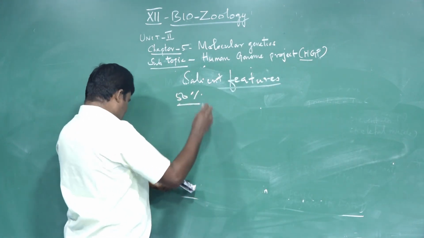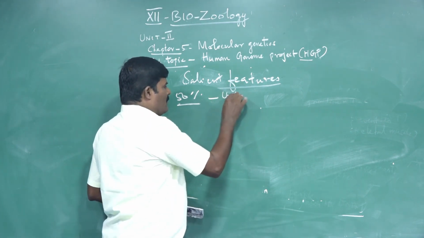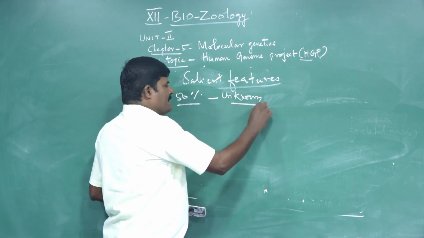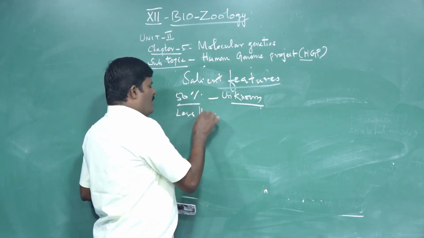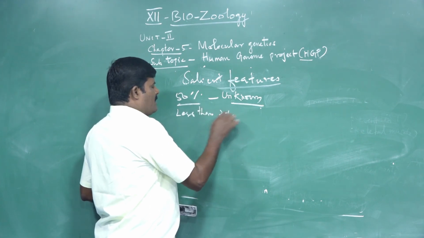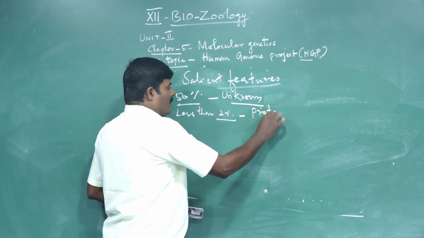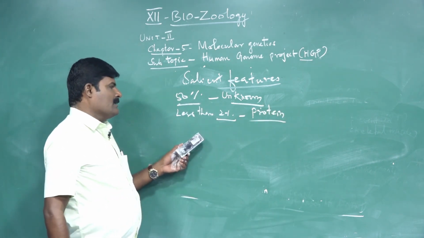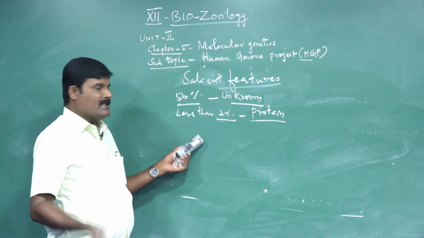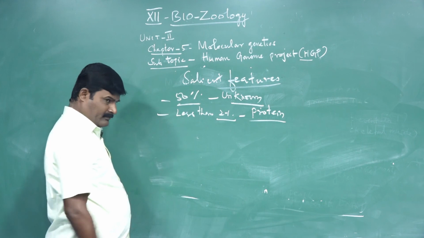The next important point: over 50% of the discovered genes are unknown. Less than 2% of the discovered genes are useful for protein, because every gene is responsible for the synthesis of a different type of protein.